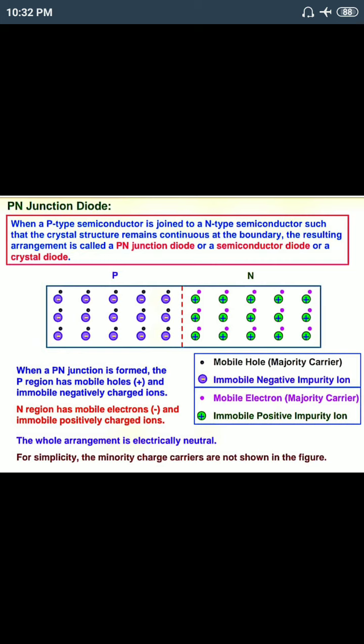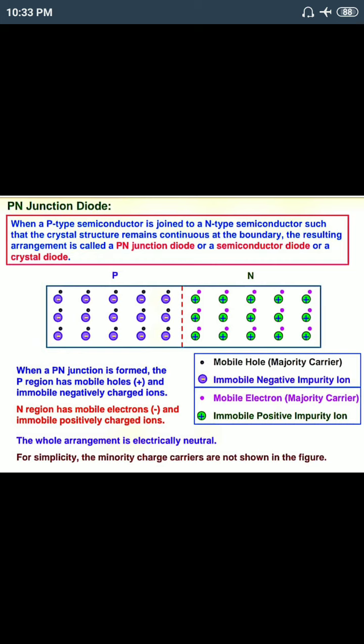Immobile means these ions cannot move from one place to another place. And in the n side, the green one is an immobile positive impurity atom, and the pink color is a mobile electron, the majority carriers. So the black dots are holes, and the pink color are electrons, the majority carriers. I hope it is clear.